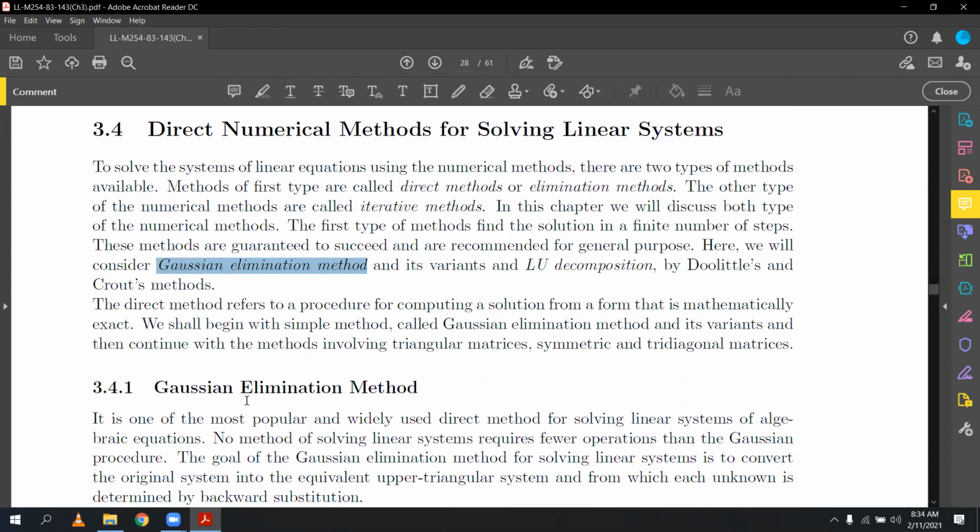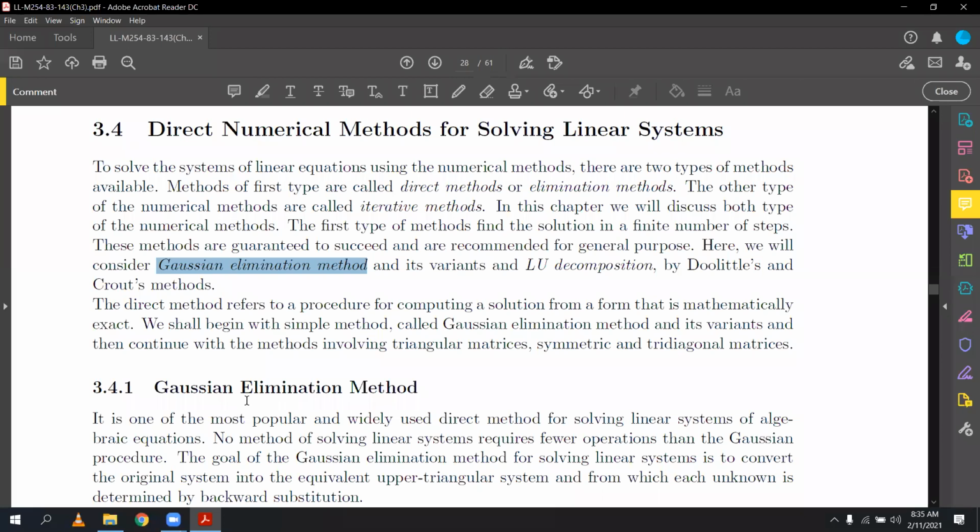First, let's start with the first method to find the unique solution, if possible, of the linear system with the help of the first direct method, which we call the Gauss elimination method. And I told you the good points of the direct method. What are they? We don't need an initial approximation.